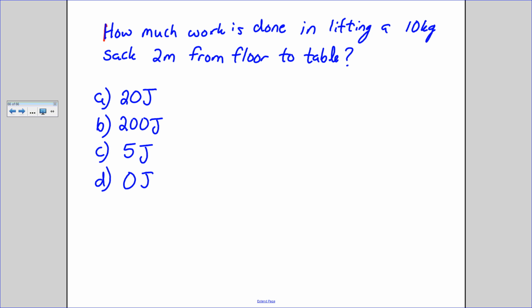And the work is force times displacement. You say it's the vertical force.